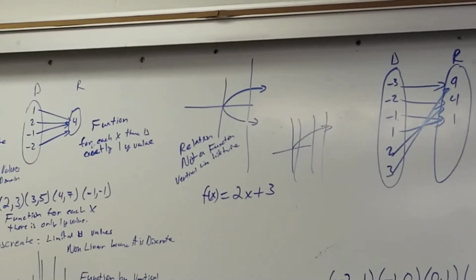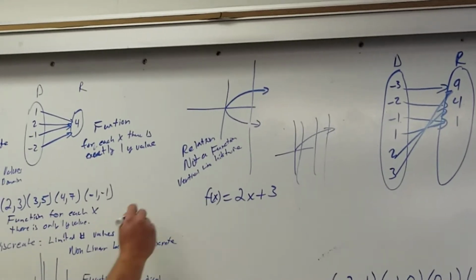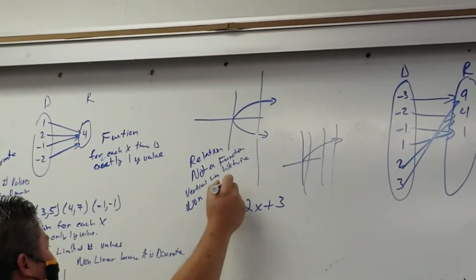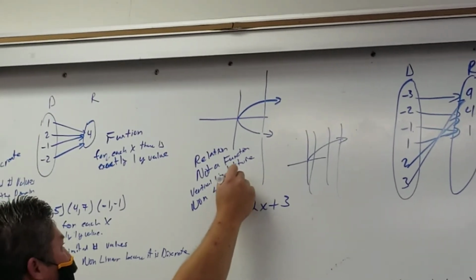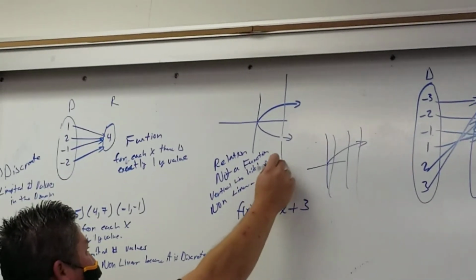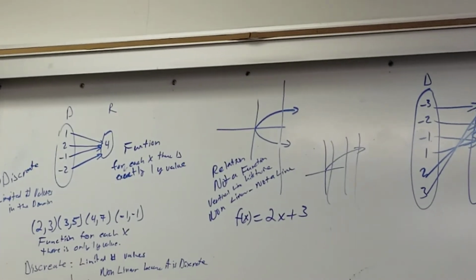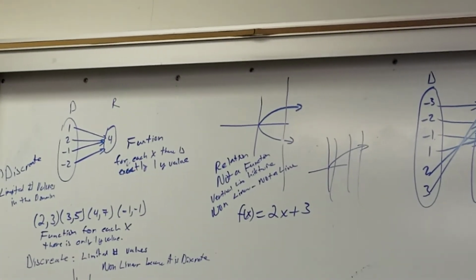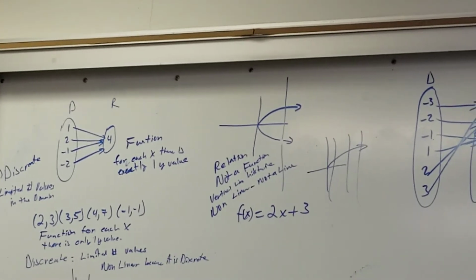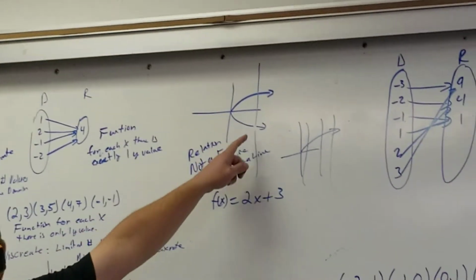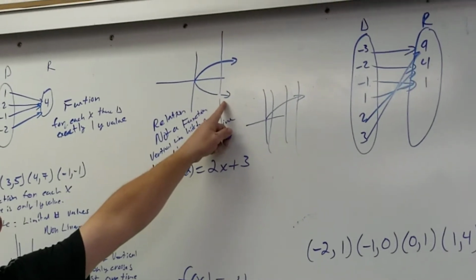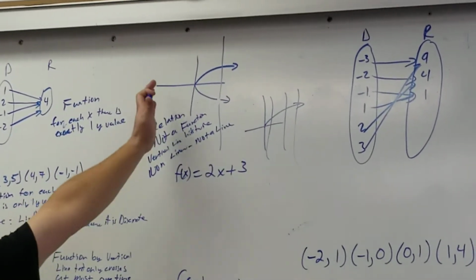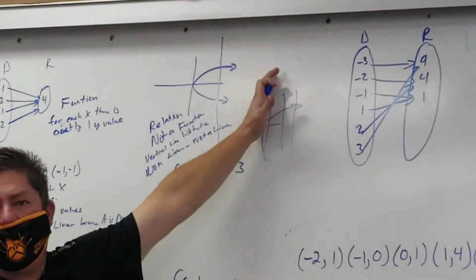Is it linear then? No, not linear. Non-linear. Doesn't create a line, you could say. Not a line. Okay, things like that. Is it discrete or is it continuous? Is this discrete or continuous? Continuous as long as we're bigger than what? As long as we're bigger than what? 0, right?